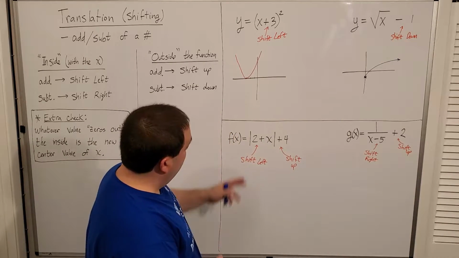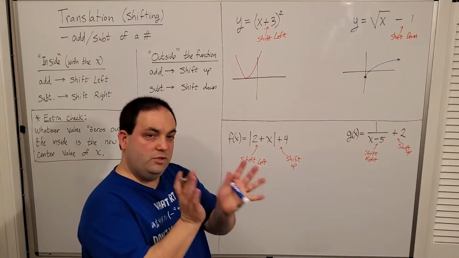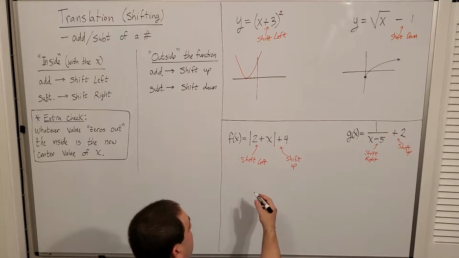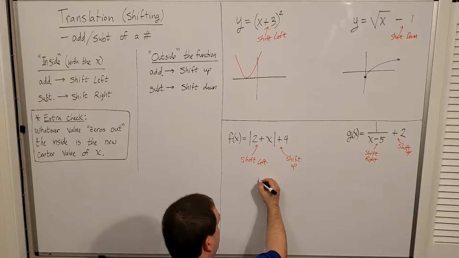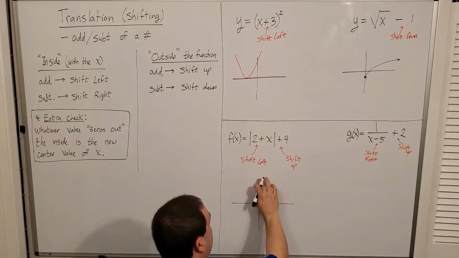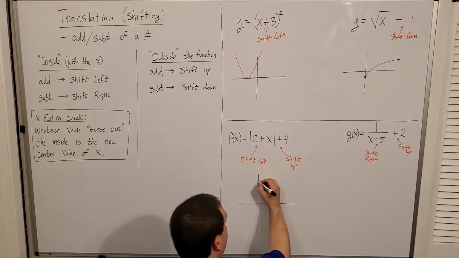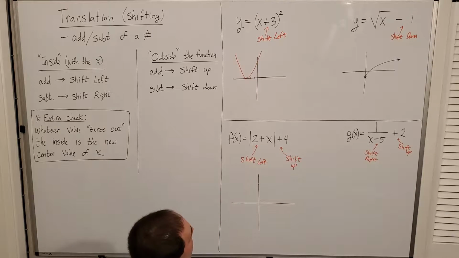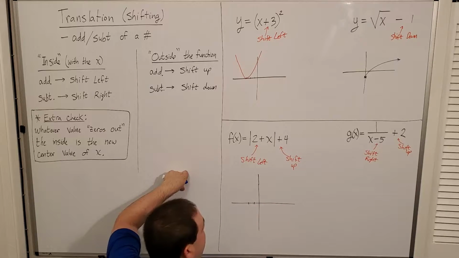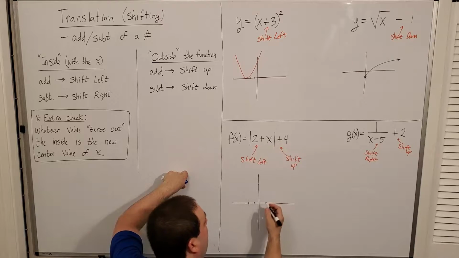Okay, on this one, I've got that absolute value function, which is the V shape, right? So I'm going to draw my basic grid here. It's not even a grid, right? Just my basic setup for my axes, x and y axes. It's been shifted 2 to the left, so I'll do 2 to the left here. And it's been shifted up 4.